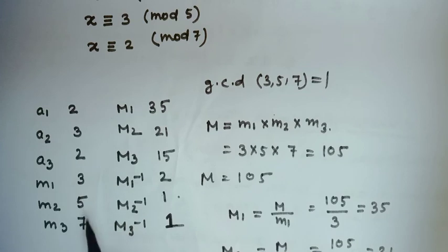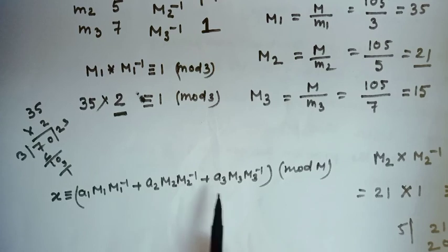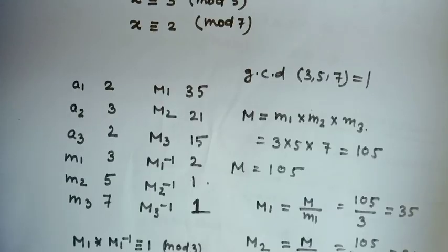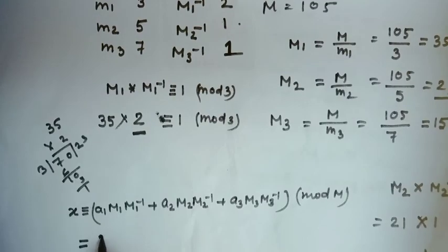And these are the values: A1, A2, A3, small m1, m2, m3, capital M1, M2, M3, and capital M1 inverse, M2 inverse, M3 inverse. Now we have to find the final value x. What is the formula? x congruent to A1 times M1 times M1 inverse plus A2 times M2 times M2 inverse plus A3 times M3 times M3 inverse, modulo M. What is A1? 2.